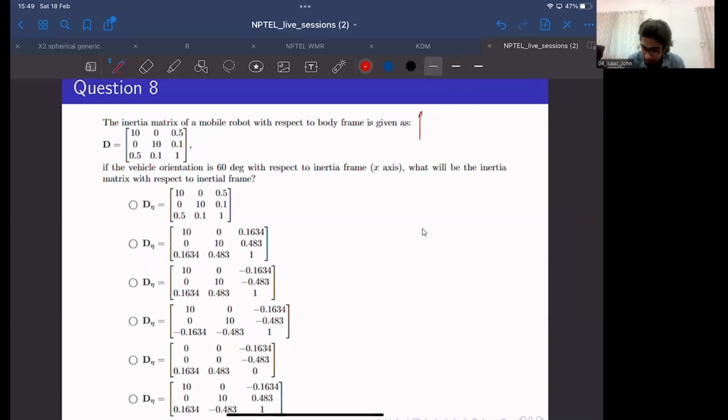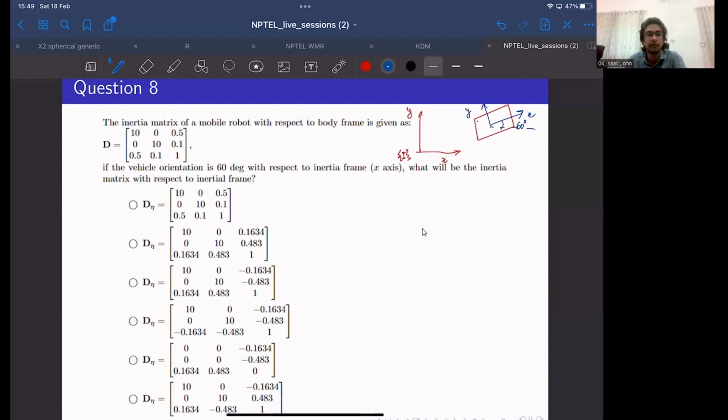So let this be your inertial frame of reference, fixed to the ground, X and Y. As per the question, our robot is oriented at 60 degrees with respect to the inertial frame of reference. And let this be the body fixed frame, X and Y. So the orientation is 60 degrees.